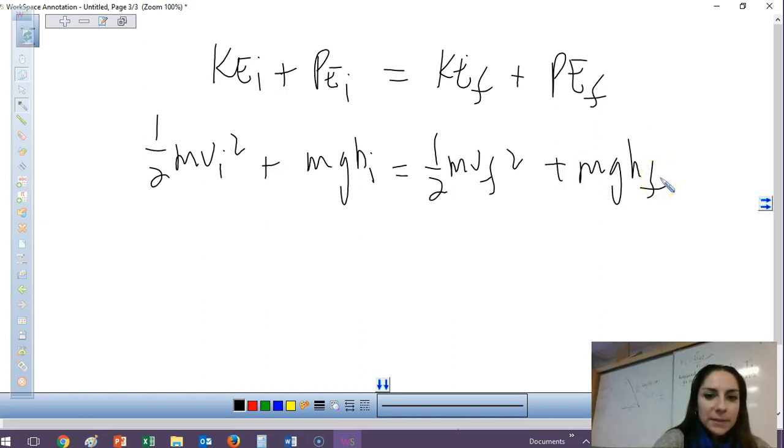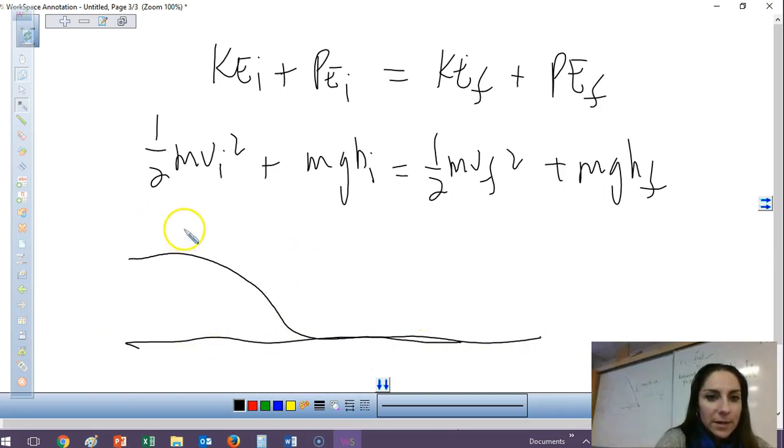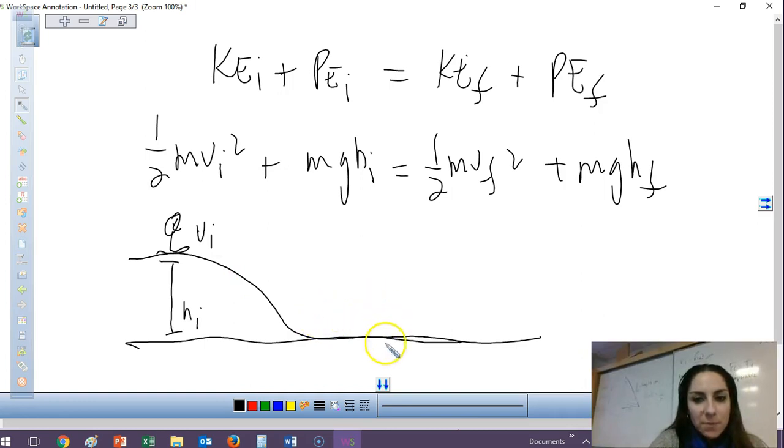Like this. So my favorite example is something like this. It could be a skier. It doesn't have to be, but I could have a skier. There you go. Beautiful. At some height h, with some initial velocity v, and this could be my initial condition, and my final condition can be at any point.